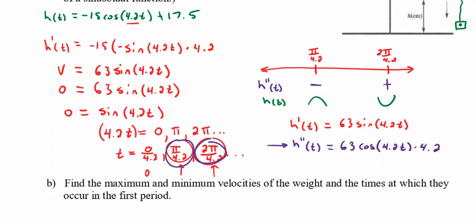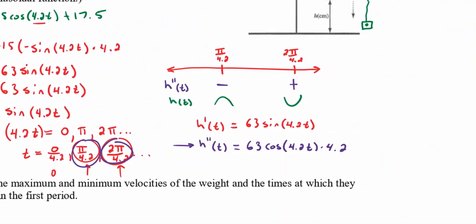And there you go, that's everything we need. So we have a max at pi over 4.2, and we have a min at 2 pi over 4.2.